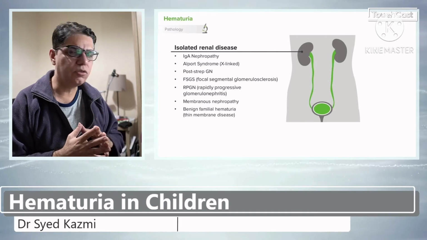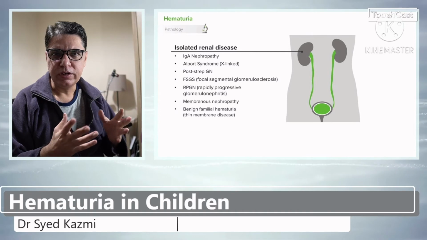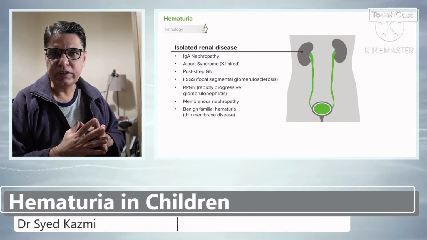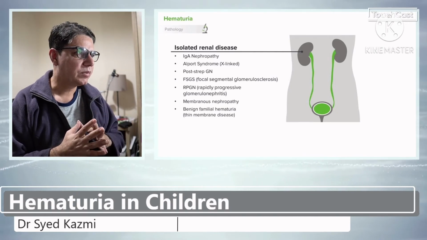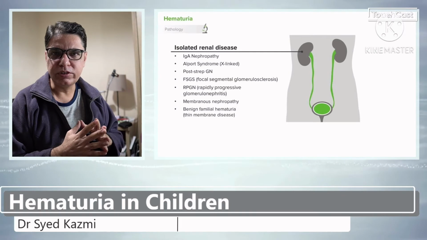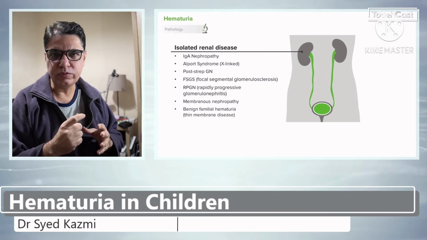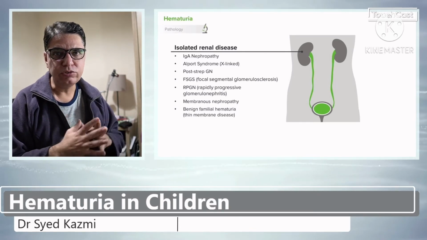Alport syndrome, which is basically a hereditary disease, X-linked, and leads to deafness with renal involvement, can present with hematuria. Focal segmental glomerulosclerosis, which is basically sclerosis of the different segments within the kidneys, can also lead to hematuria.